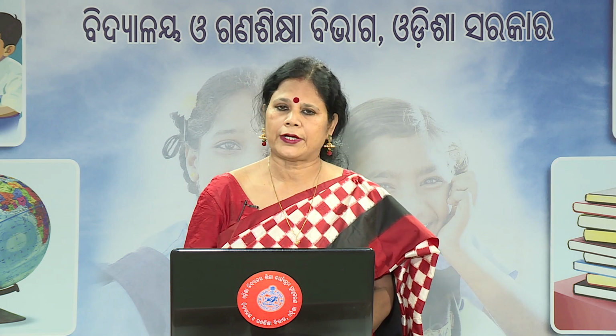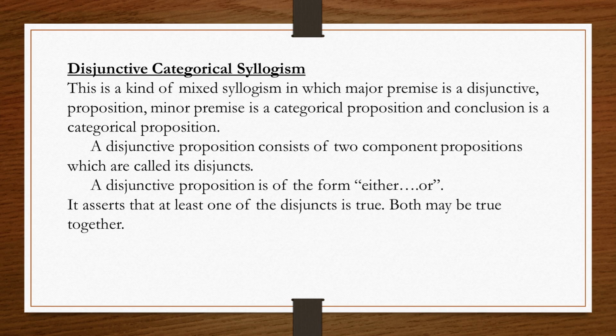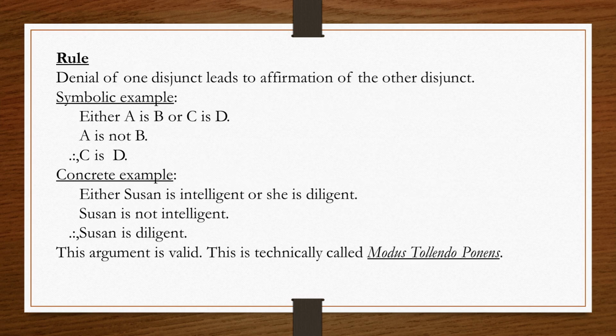Now disjunctive categorical syllogism: the major premise is disjunctive, the minor premise is categorical, the conclusion is categorical. The rule here is denial leads to affirmation. If one of the disjuncts is denied in the minor premise, then the other disjunct is affirmed in the conclusion. This is technically known as modus tollendo ponens.